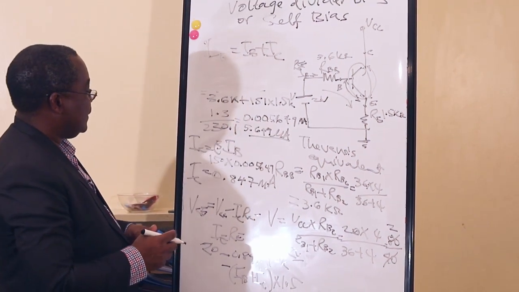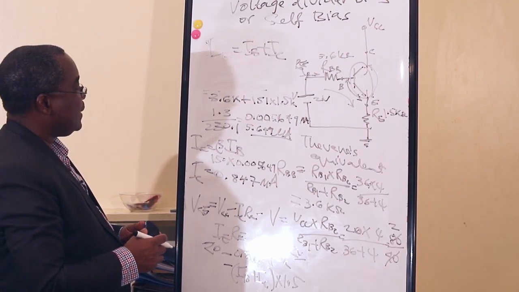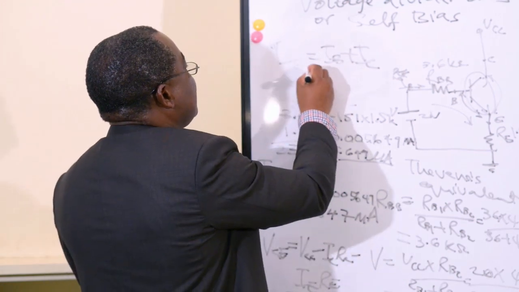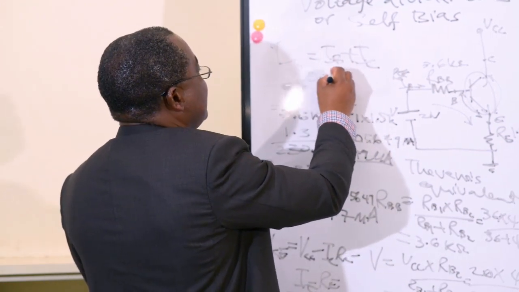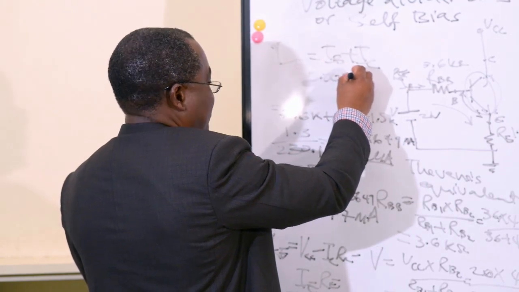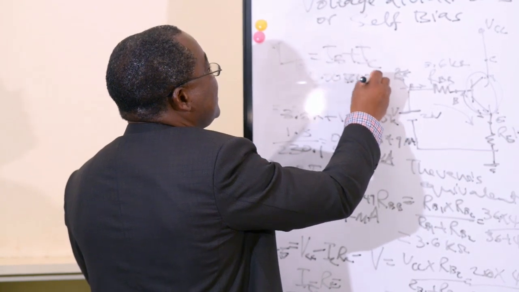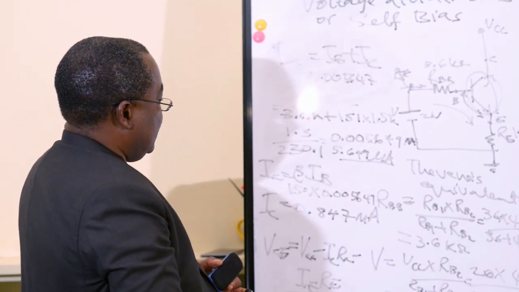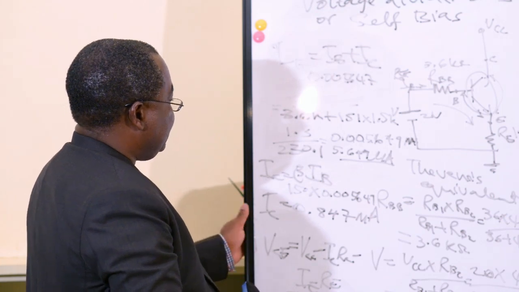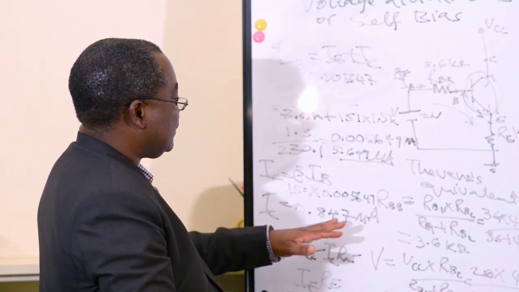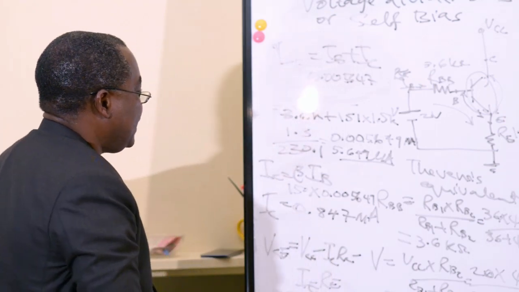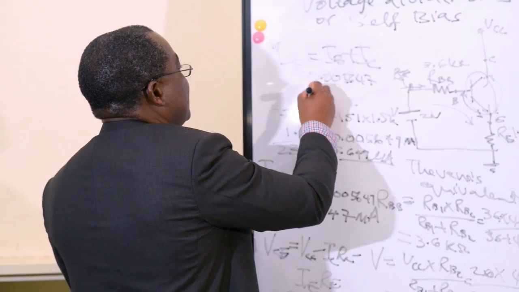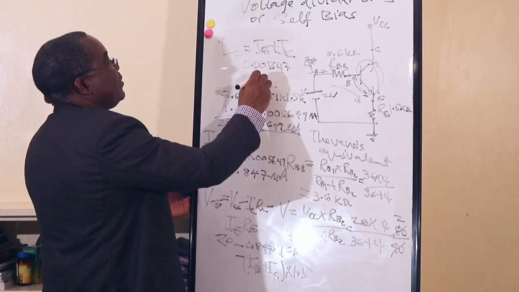Our IB is 0.0056647, and our IC is 0.847.